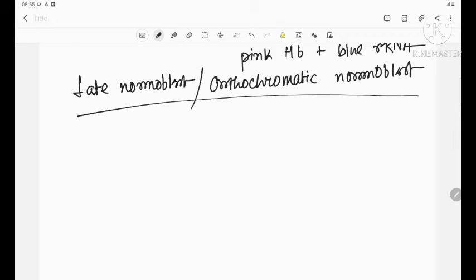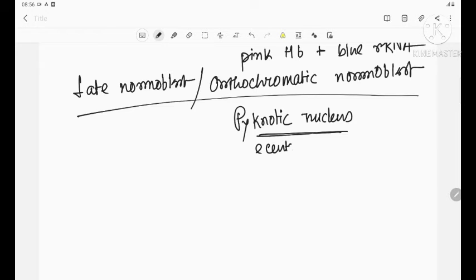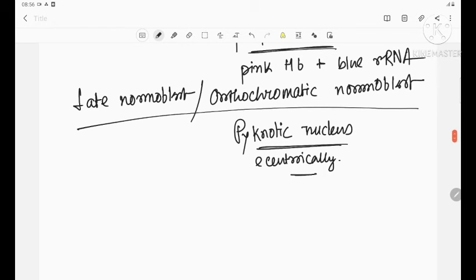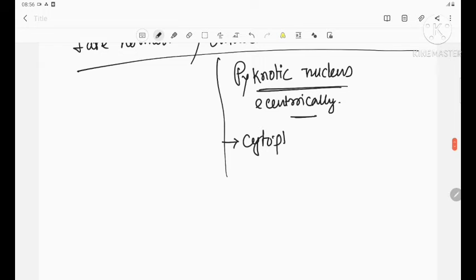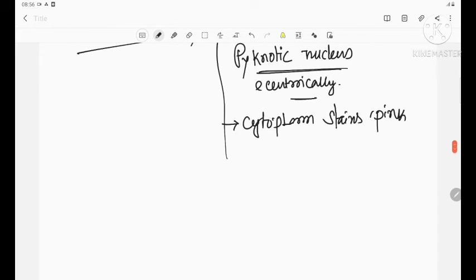They have a pycnotic nucleus, and this nucleus is present eccentrically, not in the center. The cytoplasm stains pink because there is lots of hemoglobin, due to hemoglobinization.